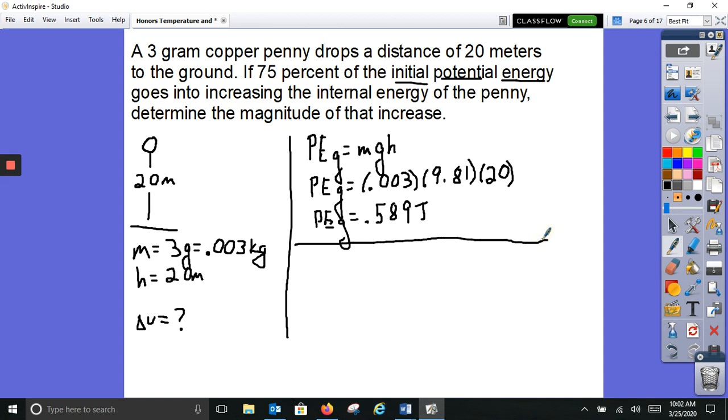Now that is not our final answer though, because it asks for the increase in internal energy. So what do we do with this potential energy? It says 75% of that initial potential energy goes to increasing the internal energy. So we're going to have to take 75% of that initial potential energy. To do so, we're going to multiply by 0.75.